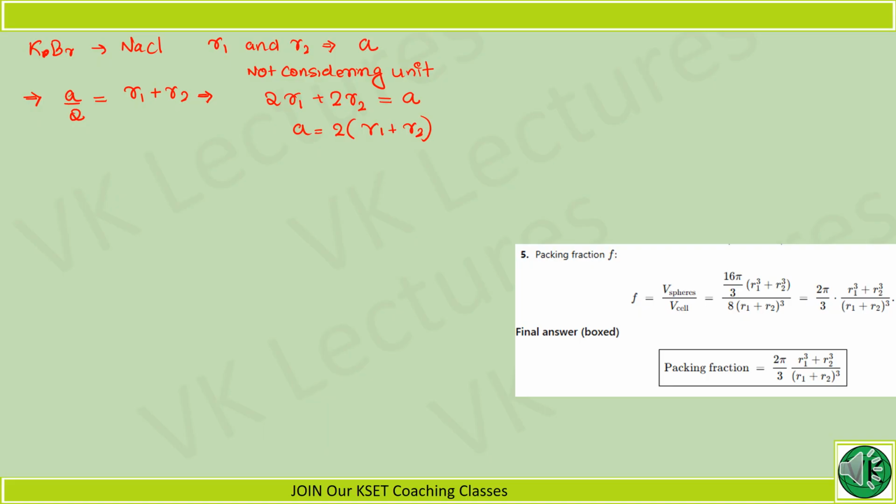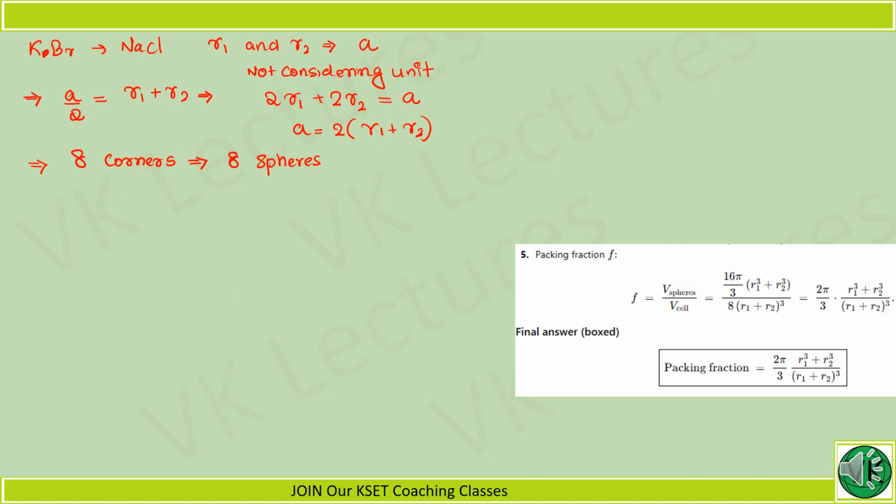Now in a system, how many formula units will be there is the question. We know that there will be 8 corners, which means 8 spheres.